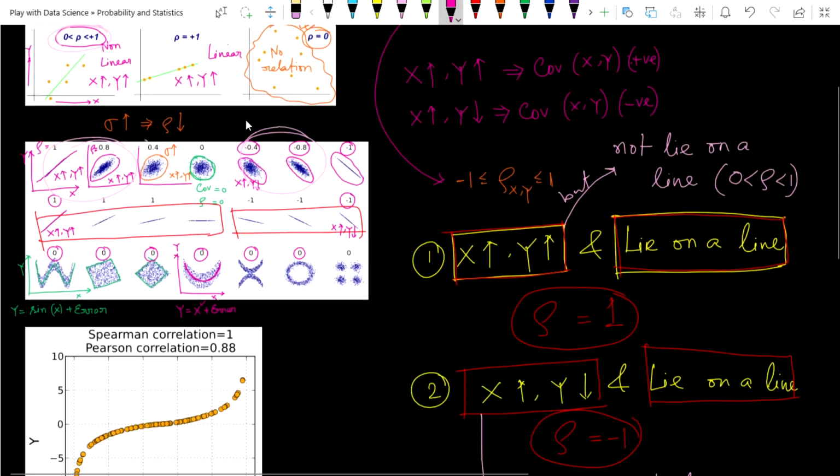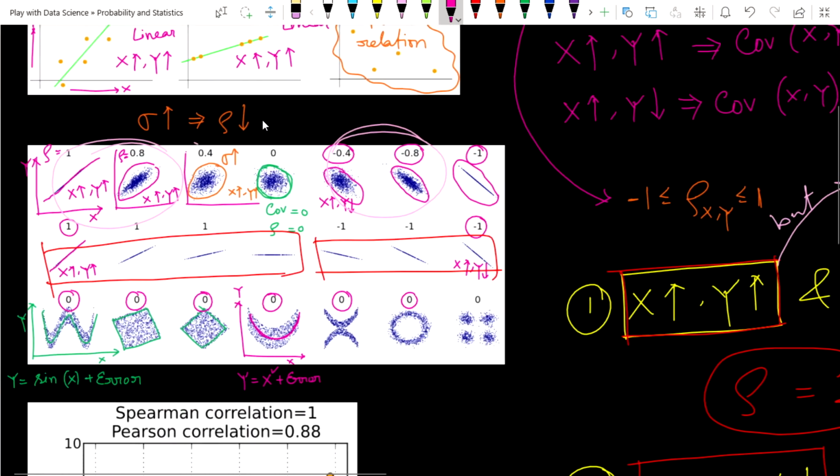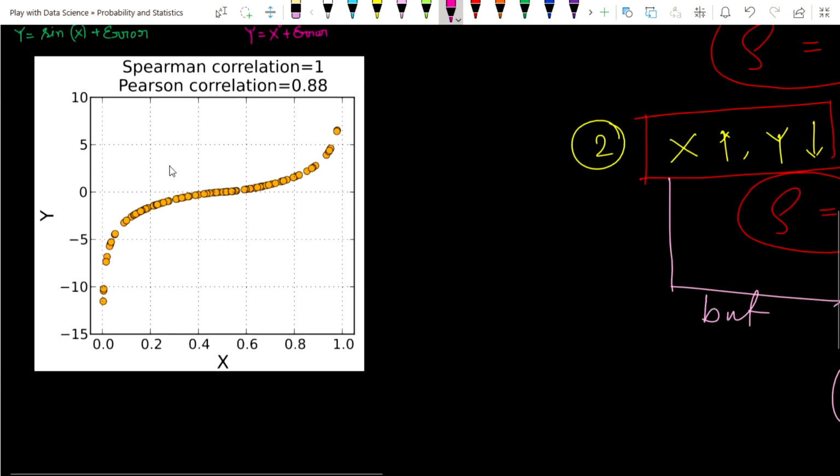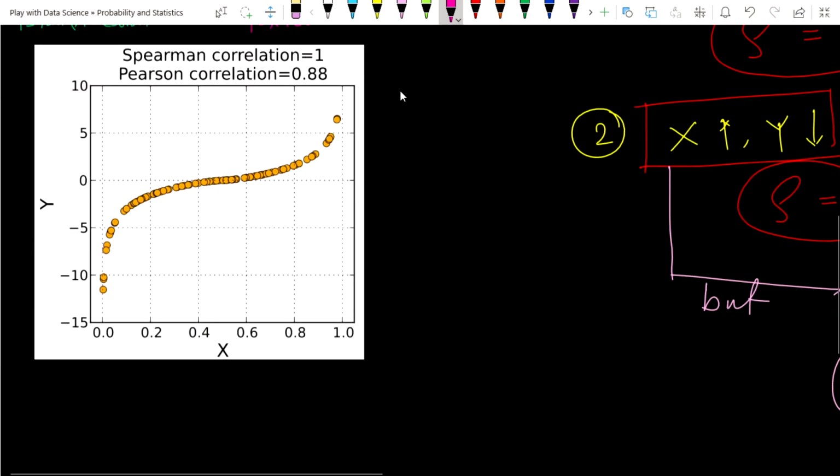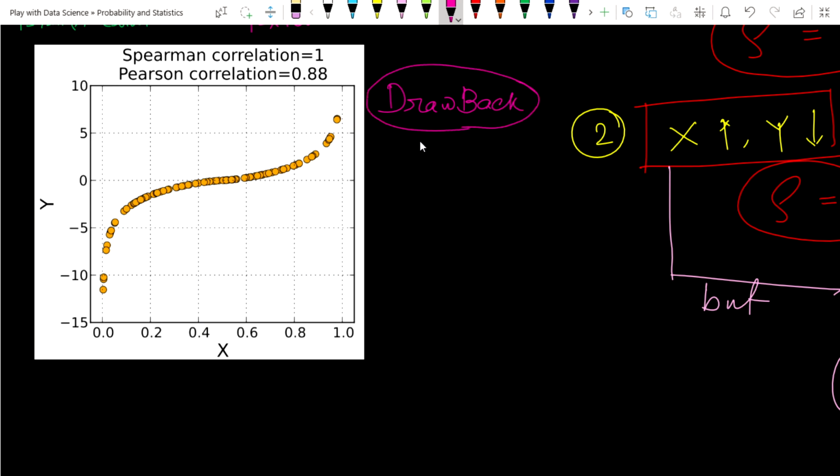If our data sets look like this type of pattern, this is the drawback. The thing I have used to remove it is called Spearman correlation. Using the Spearman correlation, we will remove this drawback.